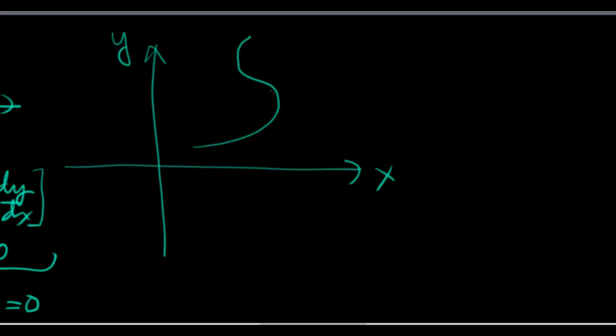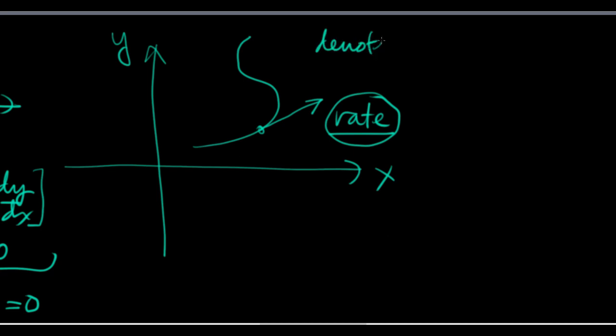Now over here, instantaneously there is some rate. What I want is something that is approximately equal to this rate. So I make a new vector v. I denote q equal to x dot y dot.